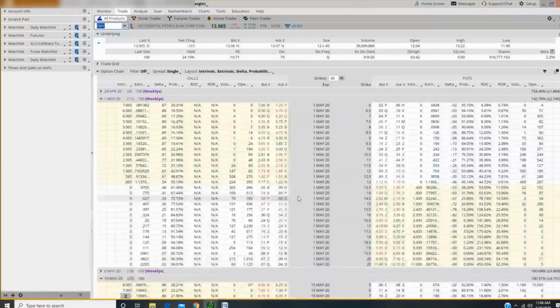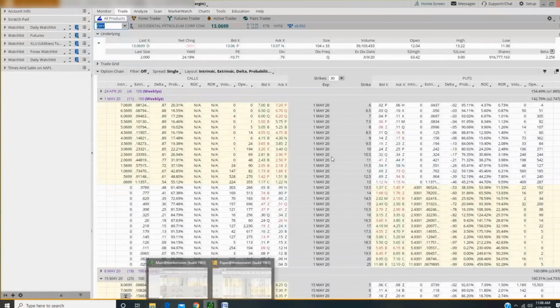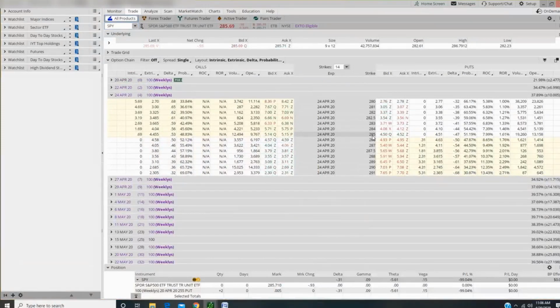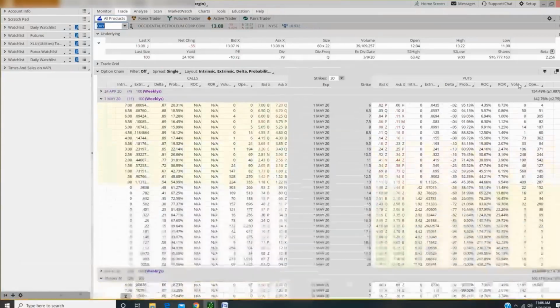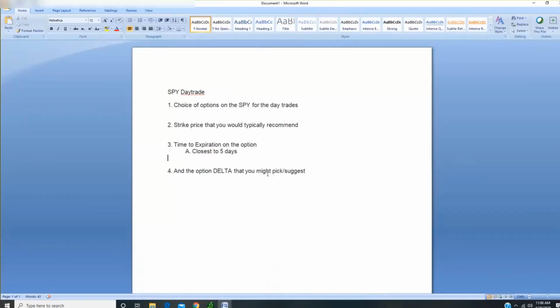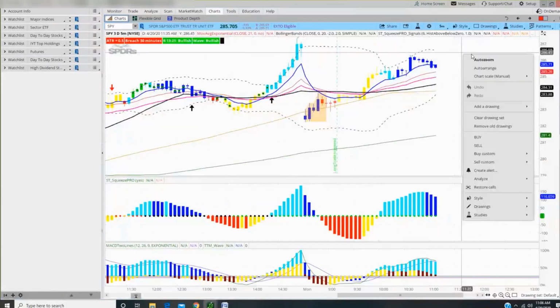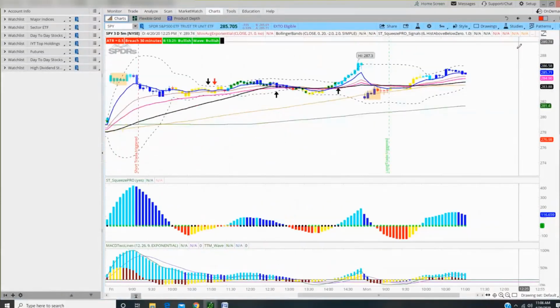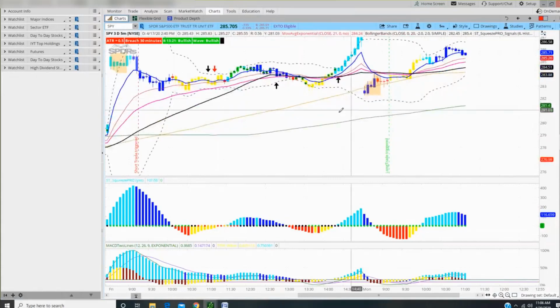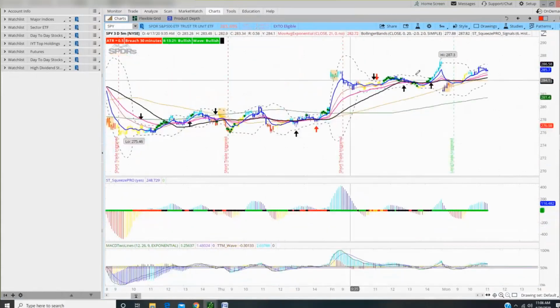In this particular case, I've got multiple platforms pulled up. It's the 285. Whatever strike that is to be that first strike in the money, that's the route I want to go. Hopefully that answers your questions. And just as an extra added bonus, because the next question might be, what are we looking for? We're looking for 5-minute squeezes in the direction of the breach.